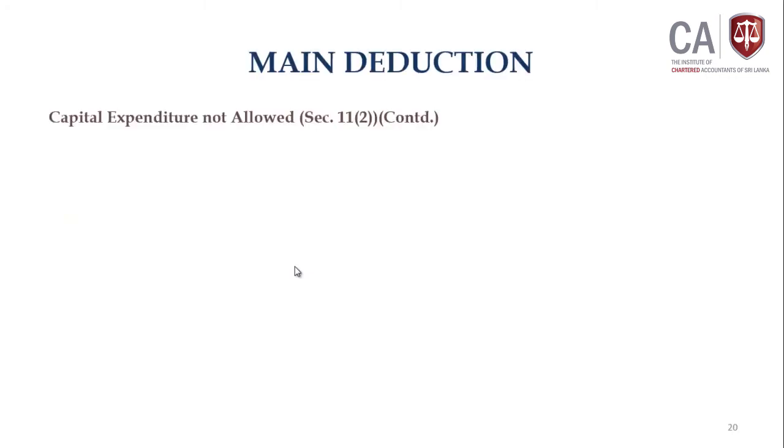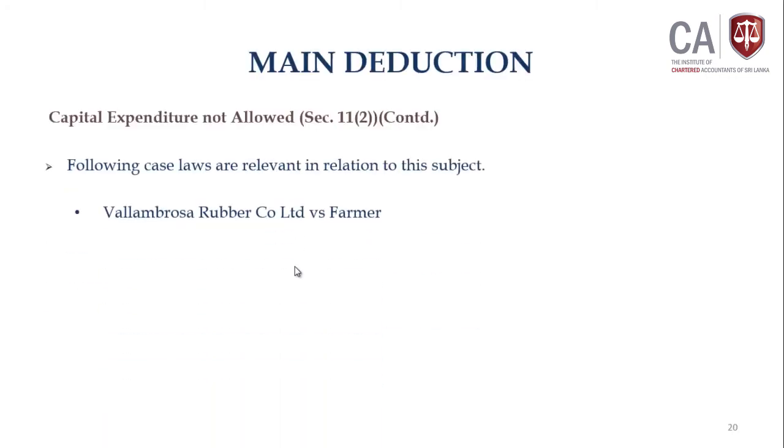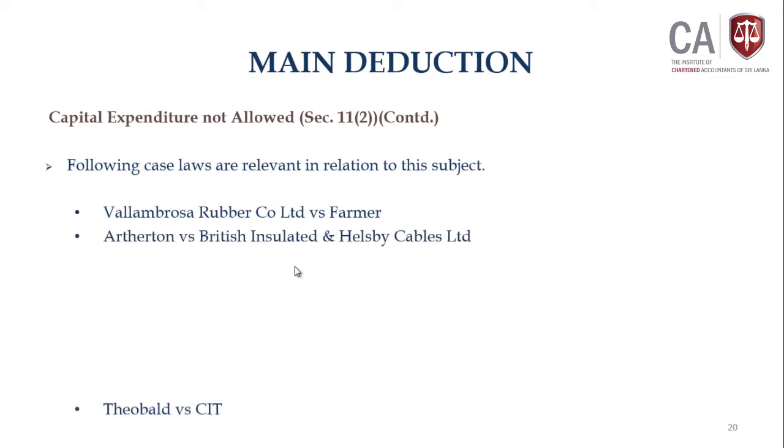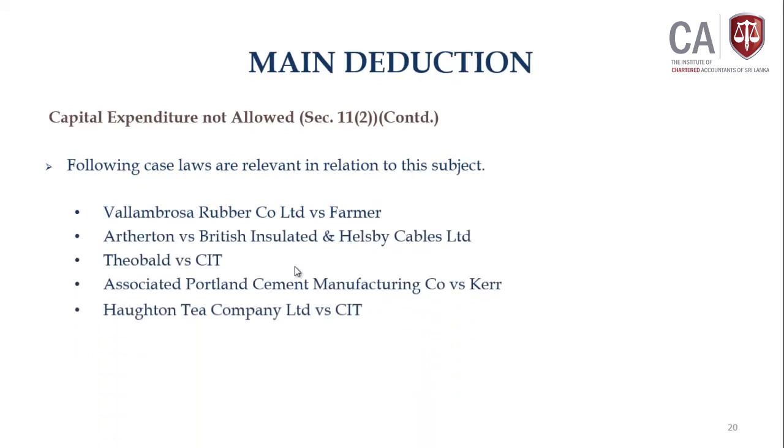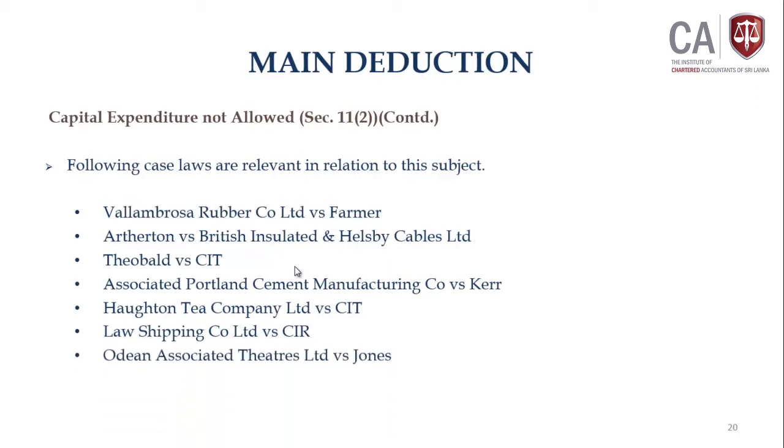Since this is defined as an inclusive definition, the relevant cases are also important. So many criteria are there for this case law. The Valambrosa Rubber Company versus Farmer says the routine expenses like weeding etc. in an immature plantation is not a capital nature expense.